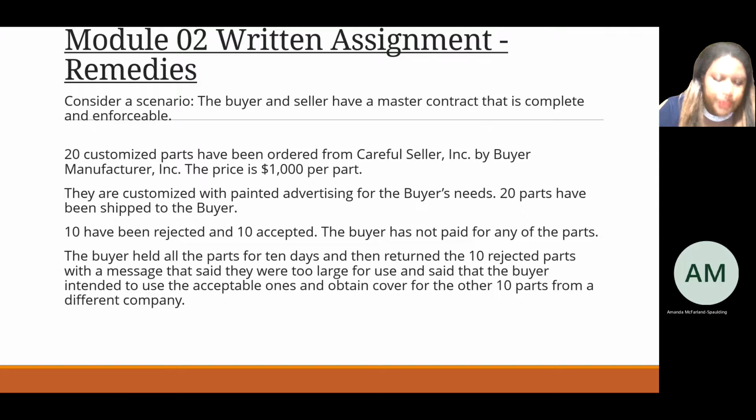The buyer received the shipment, held them for 10 days, returned the 10 rejected parts with a message that said they were too large for use, and that the buyer intended to use the acceptable ones and obtain cover for the other 10 parts from a different company.